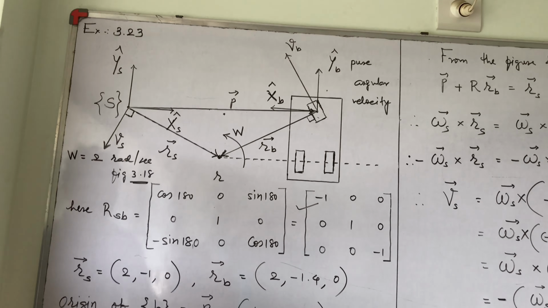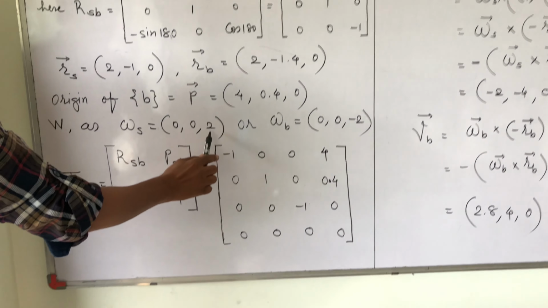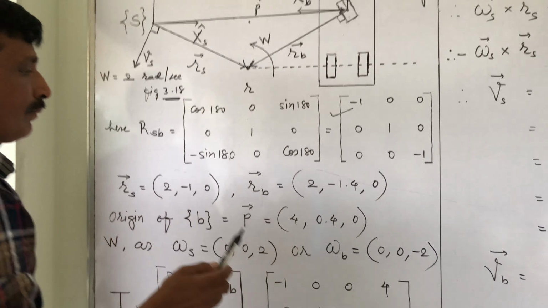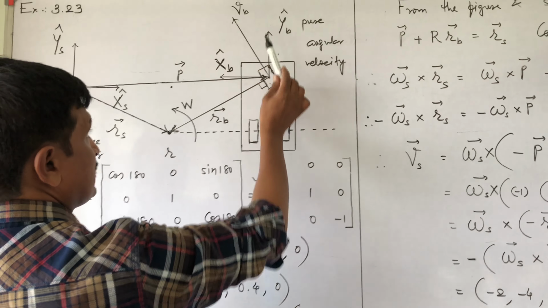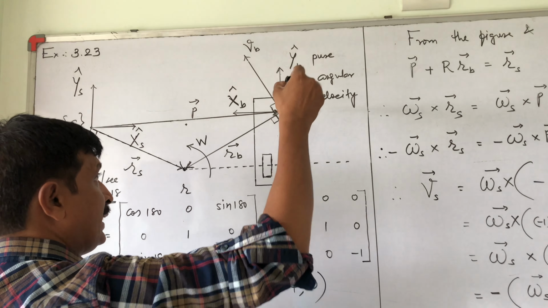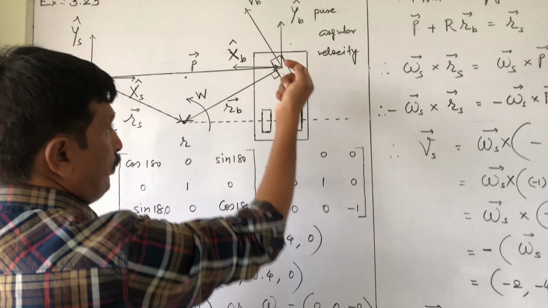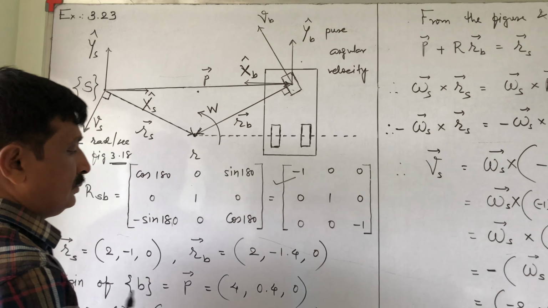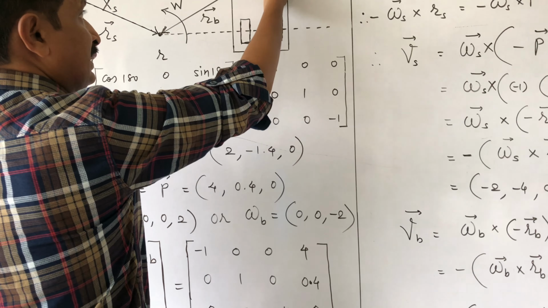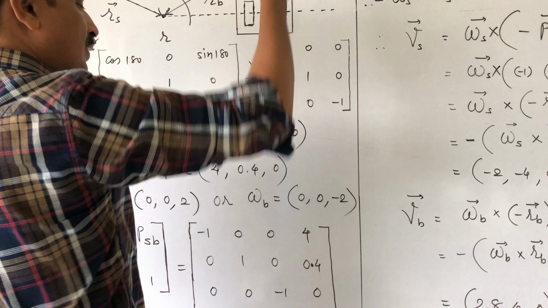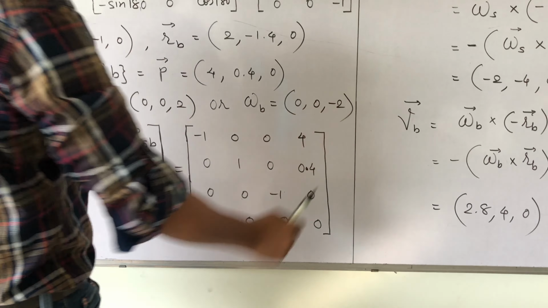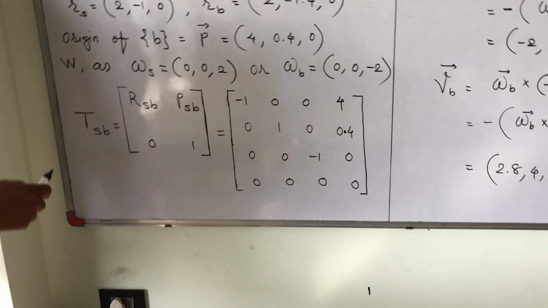So this is 0, 0, 2. But for body frame, XB cap, YB cap, ZB cap is going into the plane of board. But here it is rotating this way. So angular velocity must be in this direction. So it is 0, 0, minus 2 according to body frame.